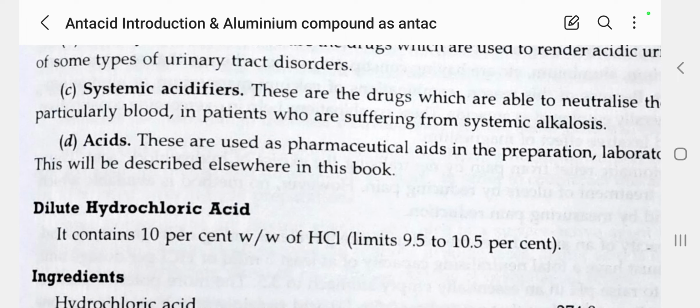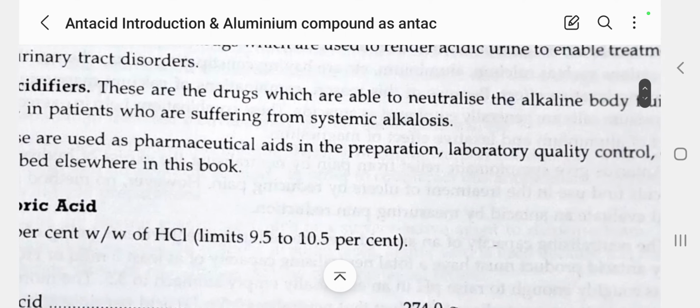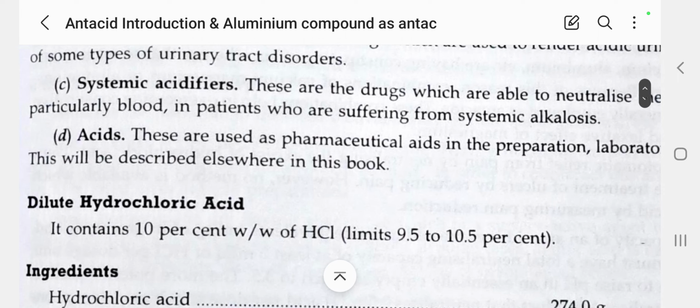So systemic acidifiers are mainly used for the treatment of systemic alkalosis. Next, antacids are used as pharmaceutical aids in preparation, laboratory, and quality control. This will be declared somewhere in the book.